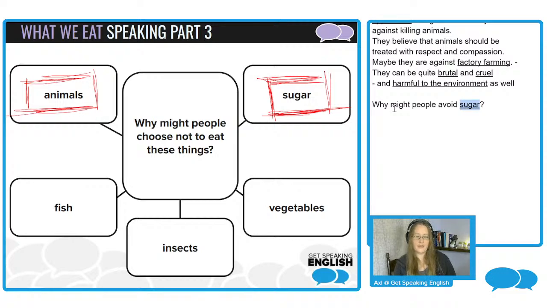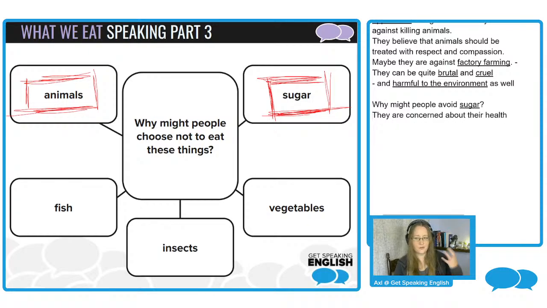Let me know if you know anybody who avoids sugar. I'm trying to think of what the reasons are. I think usually they're concerned about their health. So they kind of avoid sugar for health reasons.